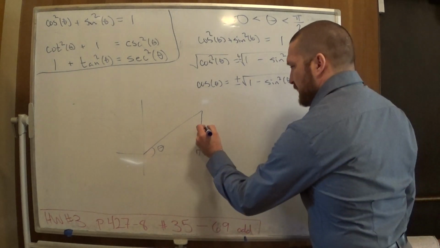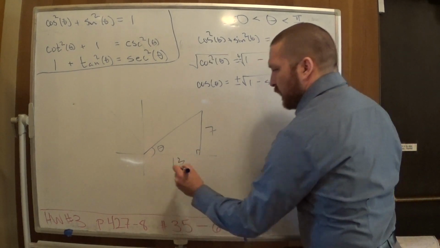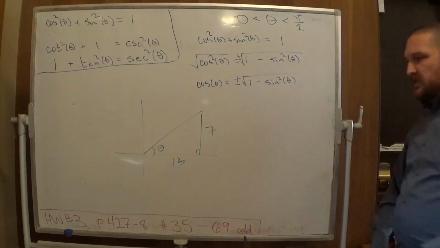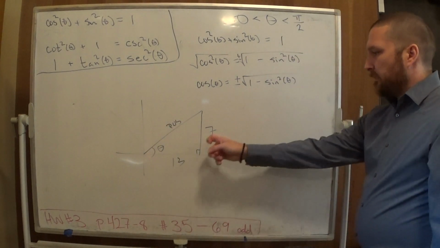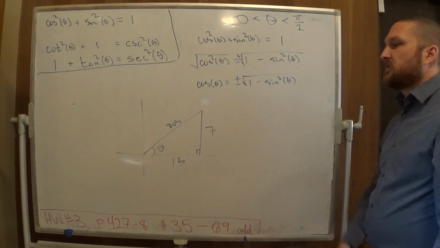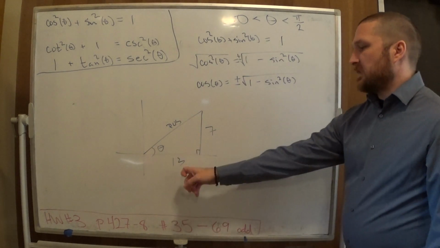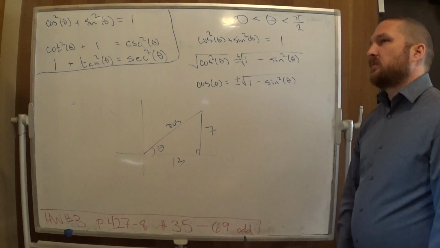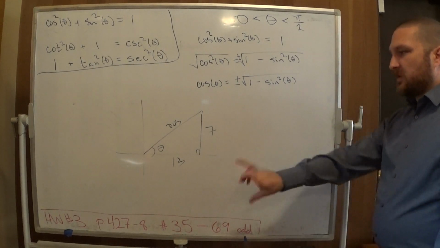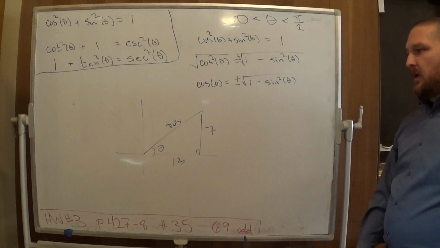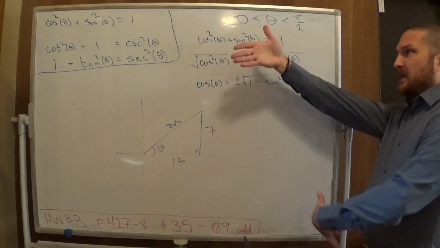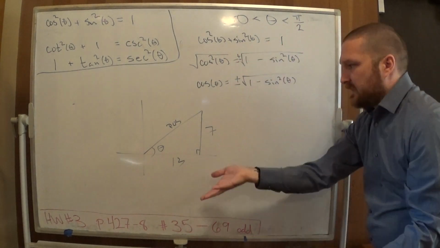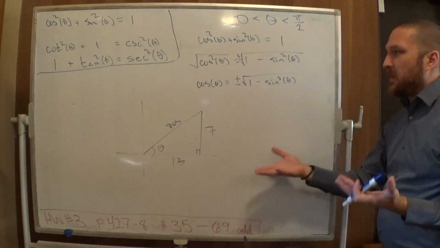It doesn't matter if this is like a 7 and 13 or whatever. Sine is going to be some positive number over some positive number, so sine's positive. Cosine is a positive number over a positive number, so it's positive. Therefore, its reciprocals are positive. And since tangent is just sine over cosine, that's a positive over a positive, it's positive, and its reciprocal must be positive.